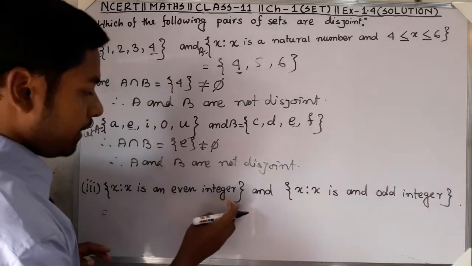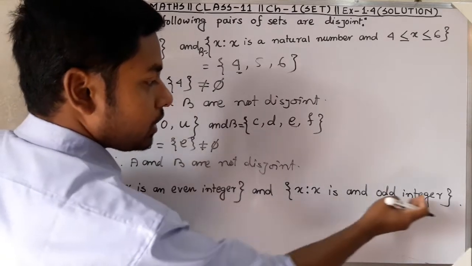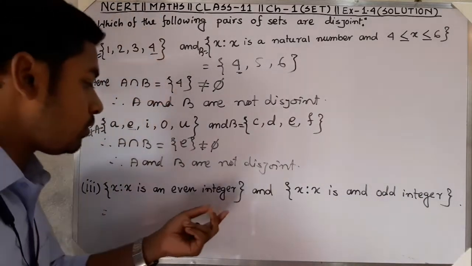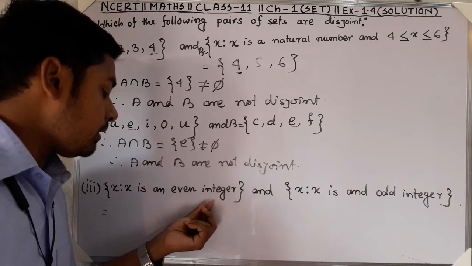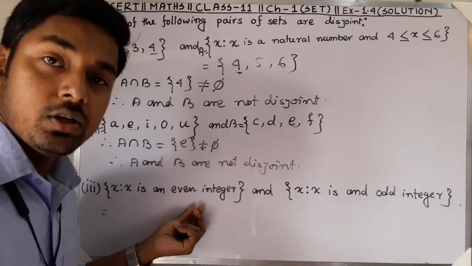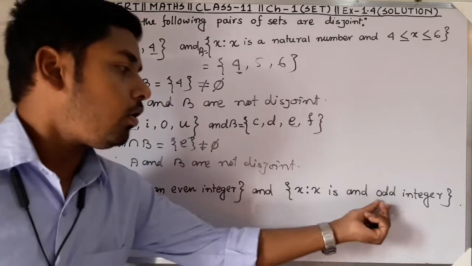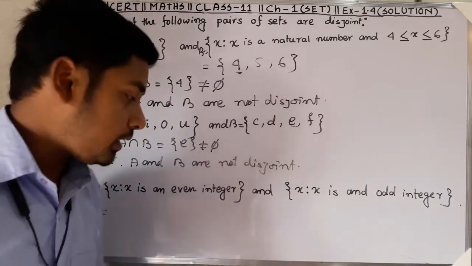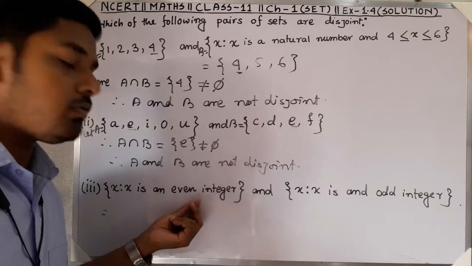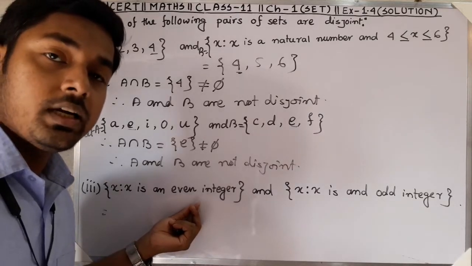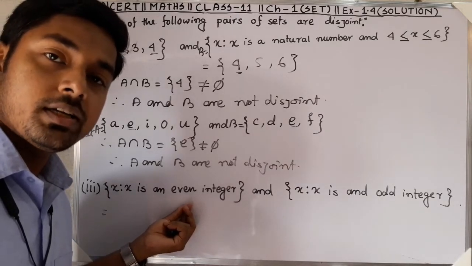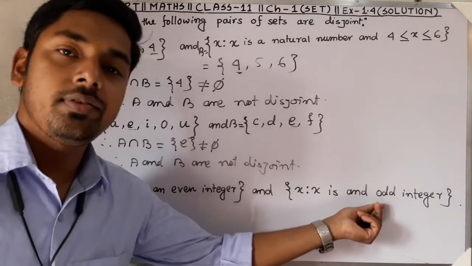X is an even integer and X is an odd integer, so we can easily tell there is no common integer which is both even and odd. There is no number which is an even integer and an odd integer also.